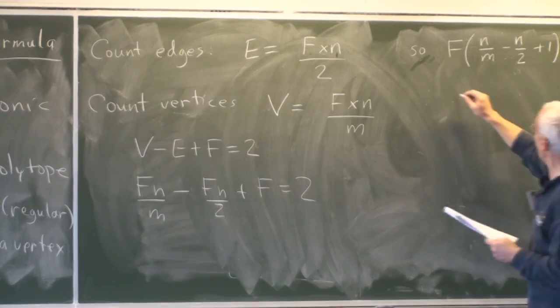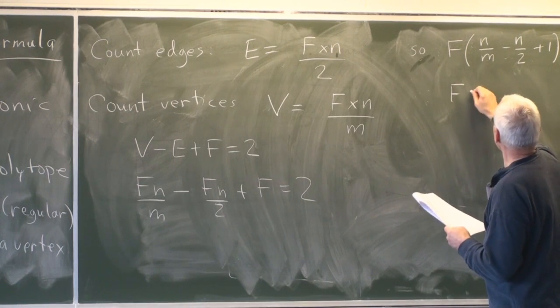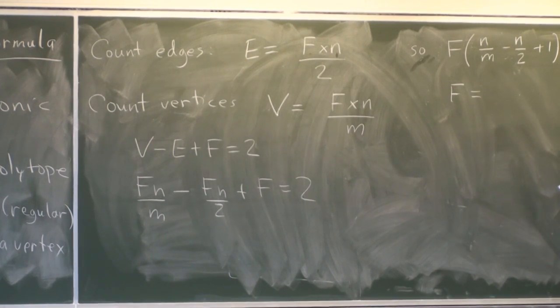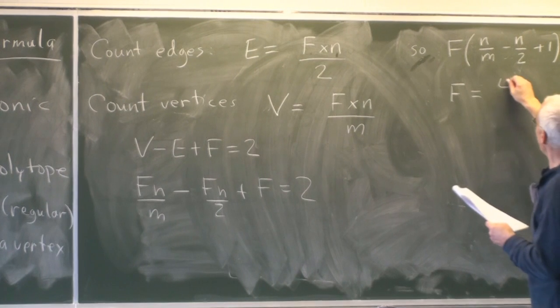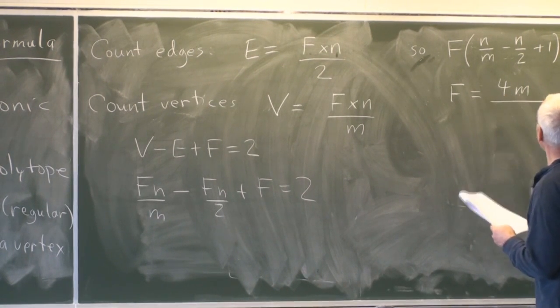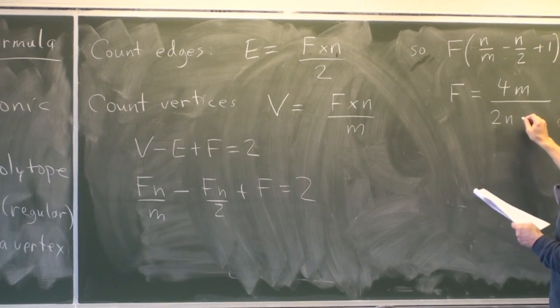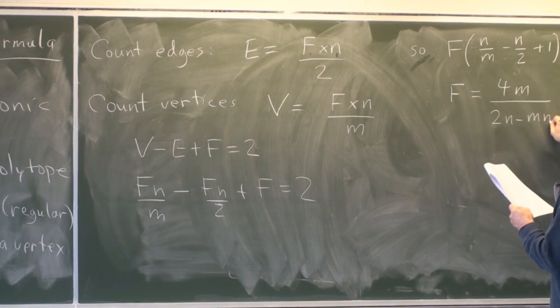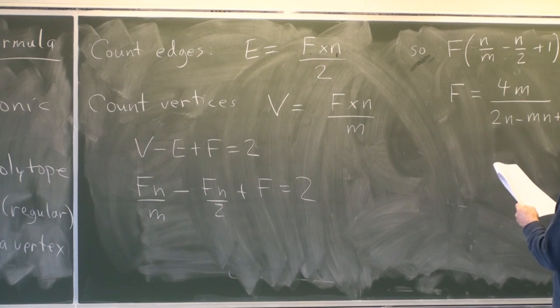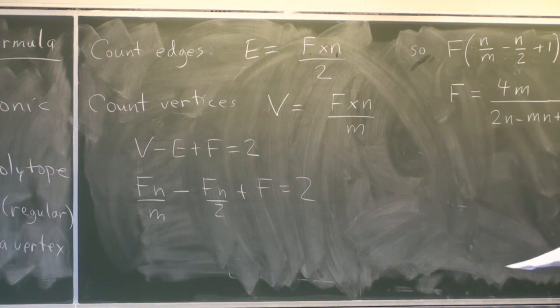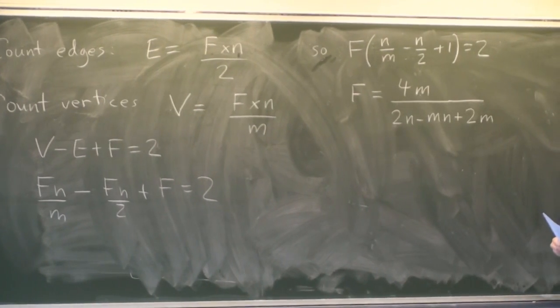And if we get a common denominator, we can rewrite this as f equals 4m over 2n minus mn plus 2m.